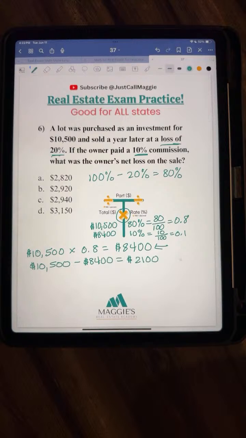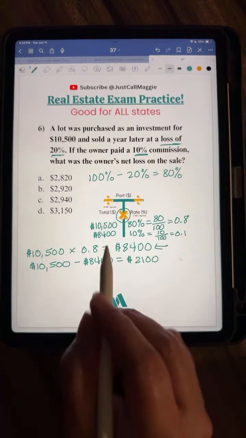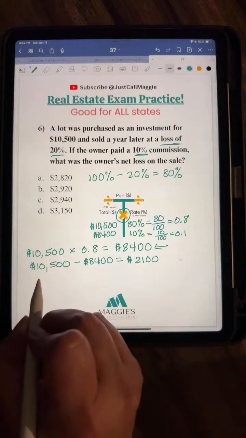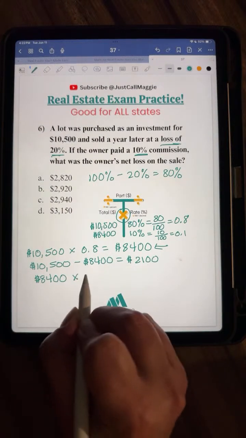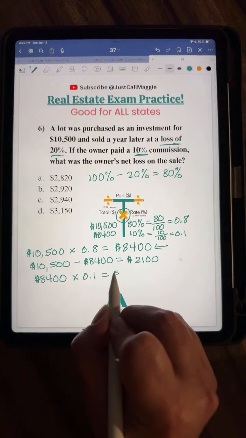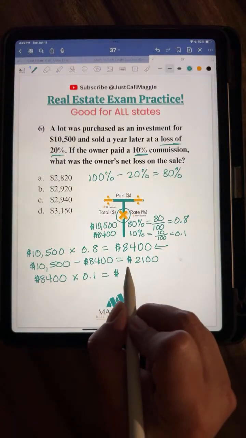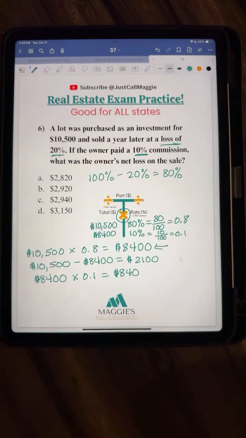So let's see how much the owner paid in commission. $8,400 times 0.1 means that the owner paid $840 in commission.